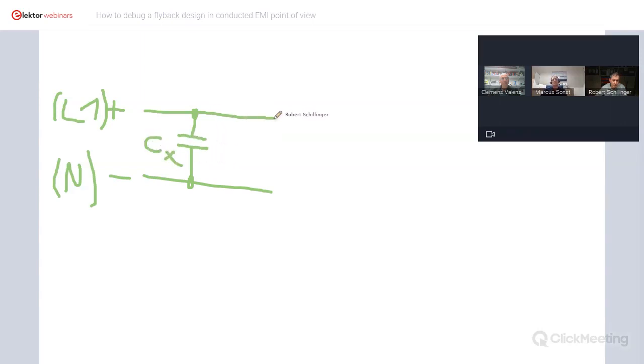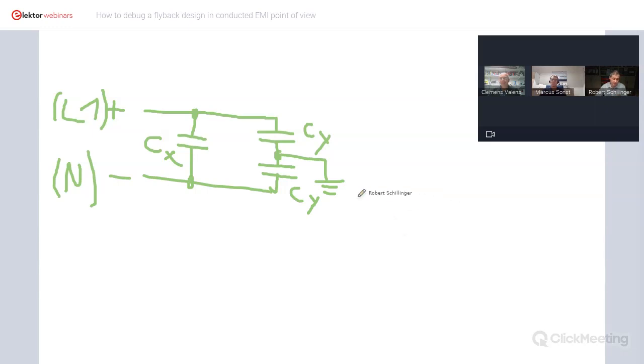And if you put a capacitor in this way to earth, then you have the CY and the second CY.